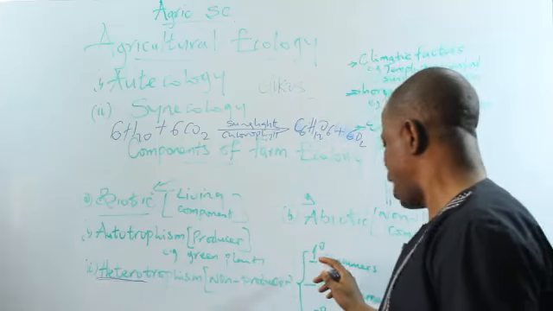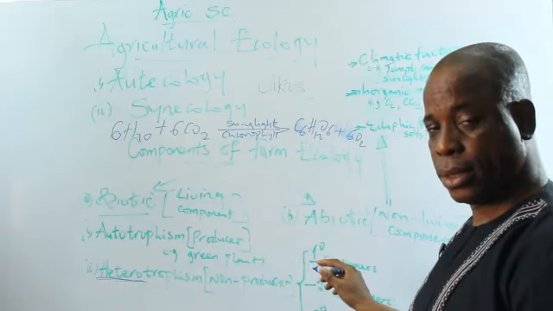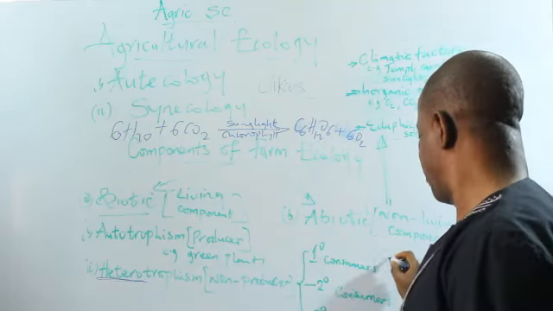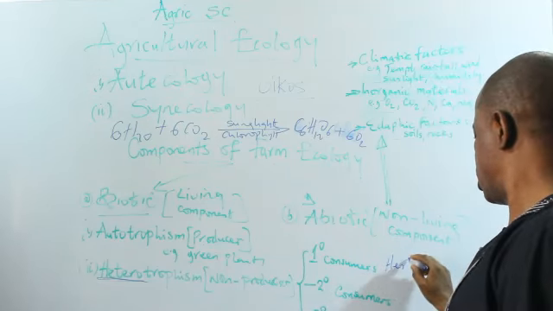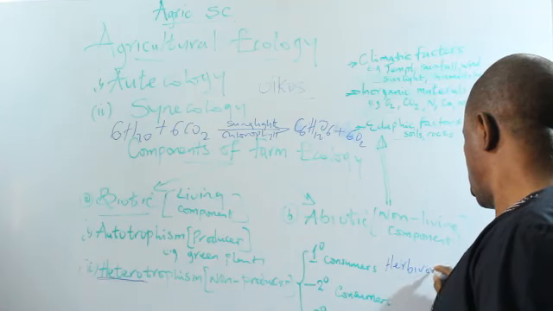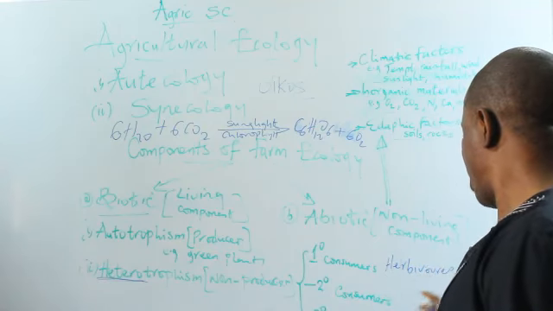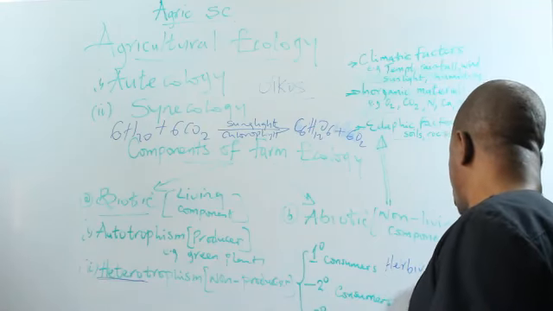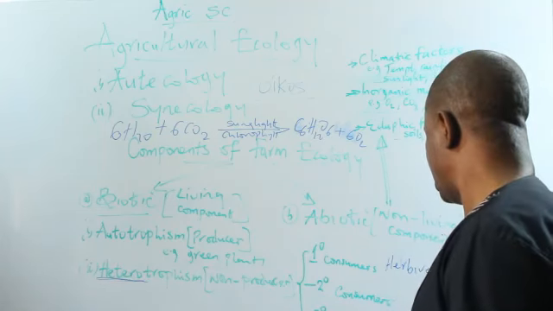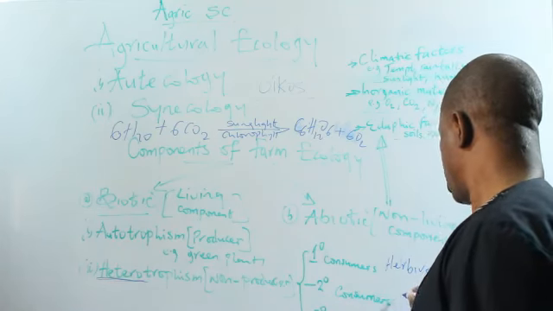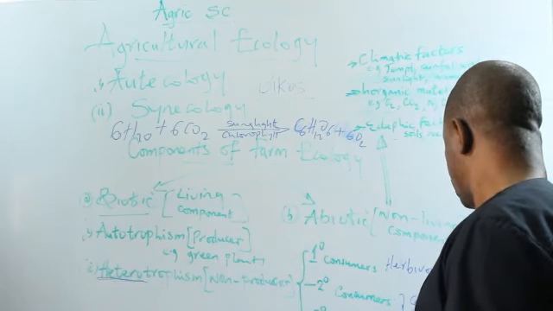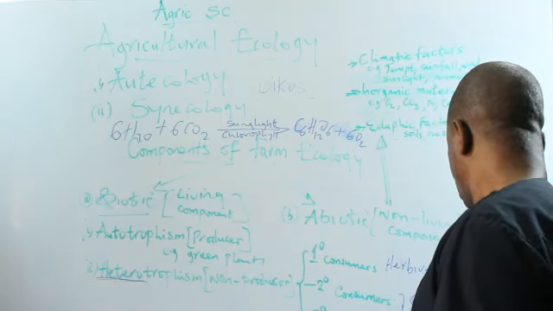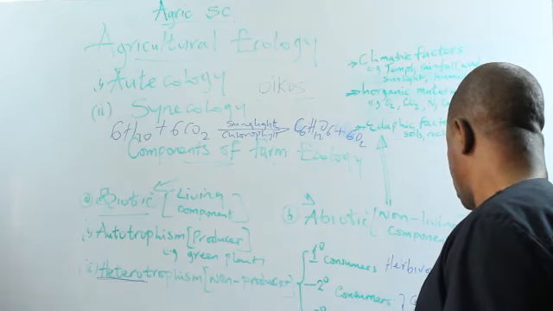We have the primary consumers, which are the herbivores. Then you have the secondary consumers and the tertiary consumers. Here, you have the carnivores, and then you have the omnivores.